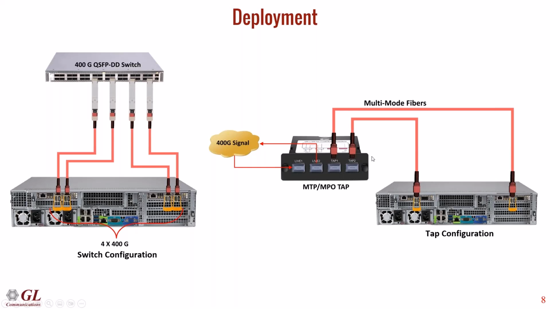So you can use a tap configuration or a mirror port on a switch configuration to capture the ultra high speed traffic. So there's advantages and disadvantages to both. And we can talk about that more if you're interested in it.